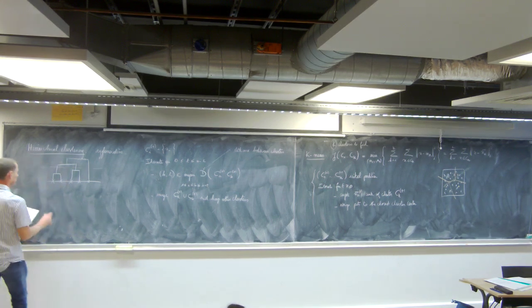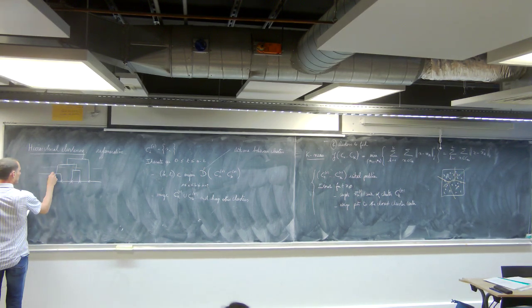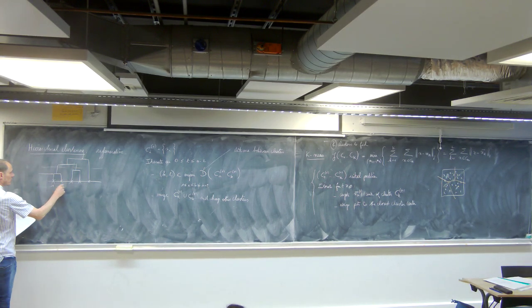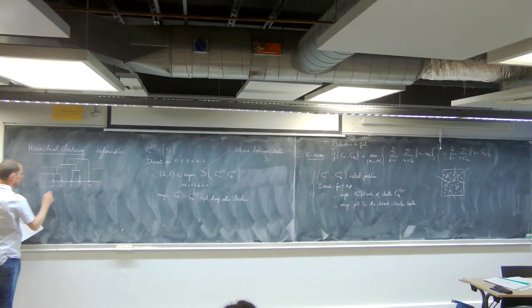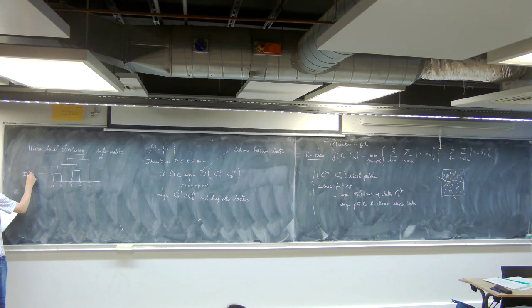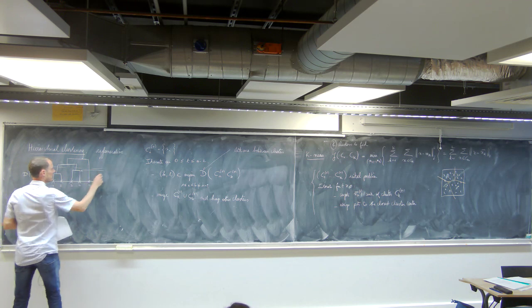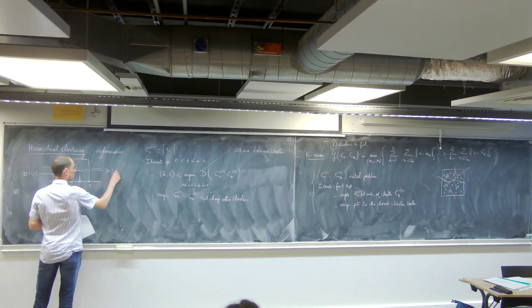And in fact, on this plot here, if that's 1, 2, 3, 4, 5, the height here would be the distance between 1 and 2. This would be the distance between 3 and 4.